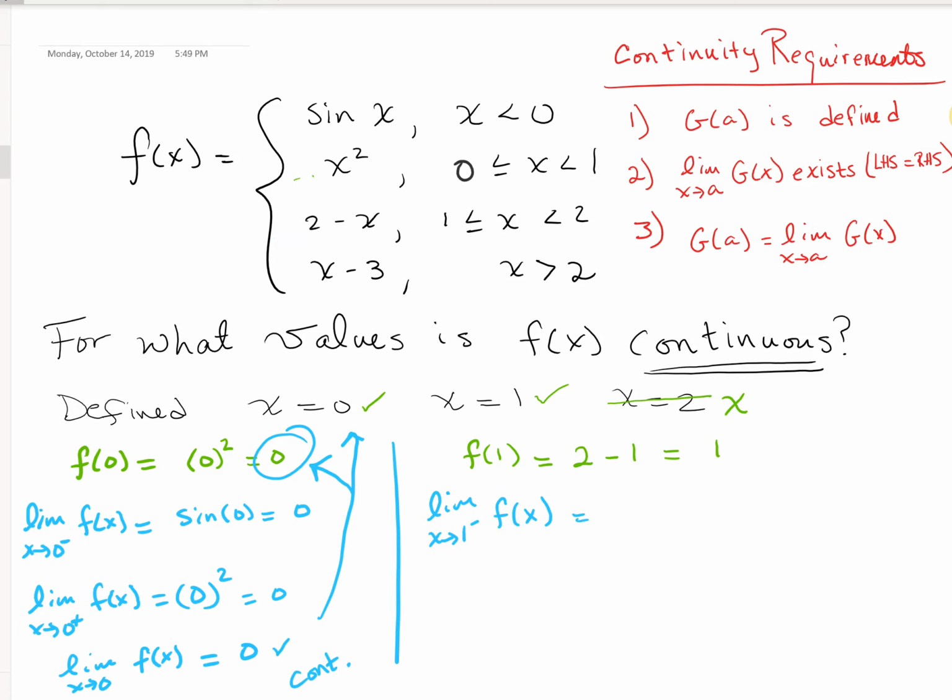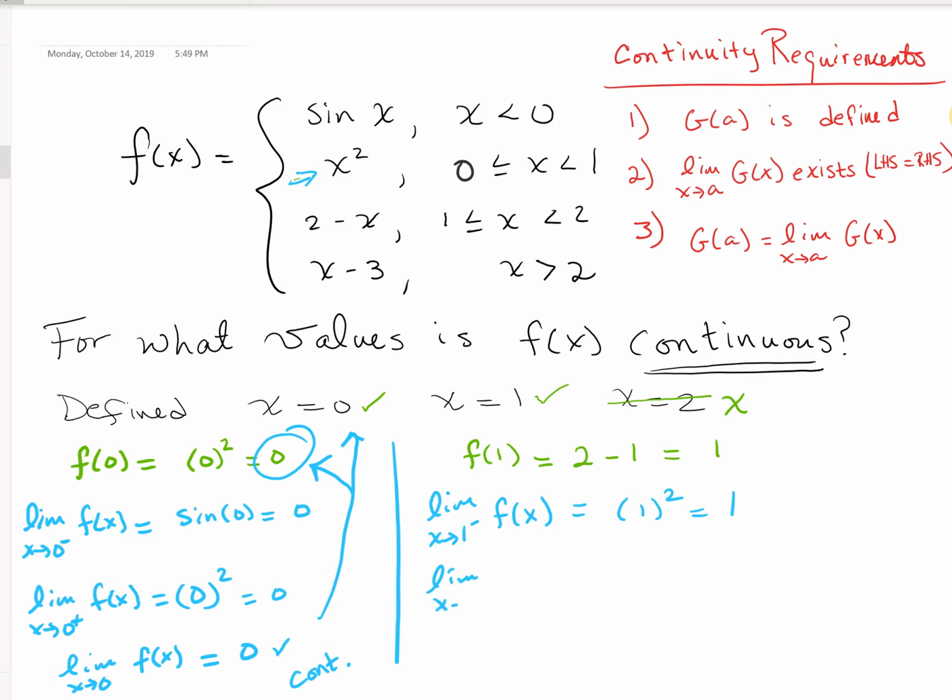All right, so we're going to say 2 minus 1, and that's going to be, let's see, actually no, that's not the left hand side, sorry. Let me erase that. The left hand side is going to be this function right here. This is the left of 1, so 1 squared. I was looking at that and it didn't seem right, so that's 1.